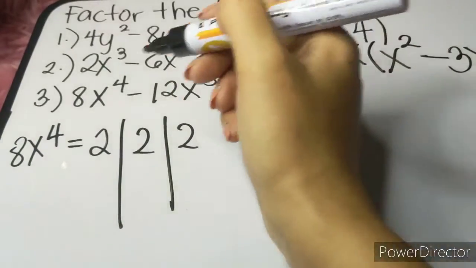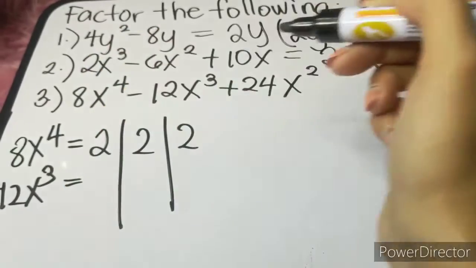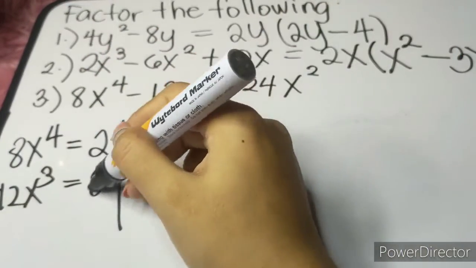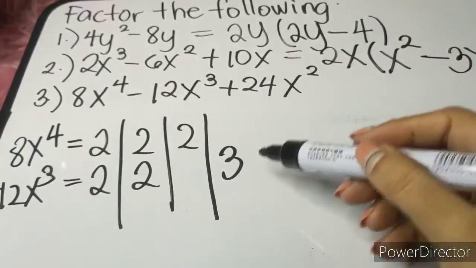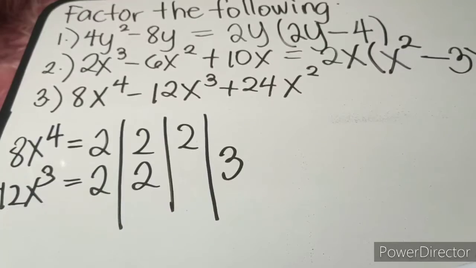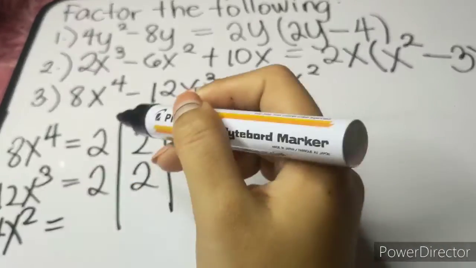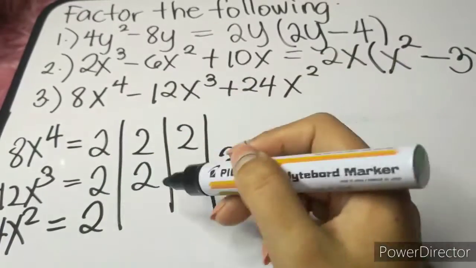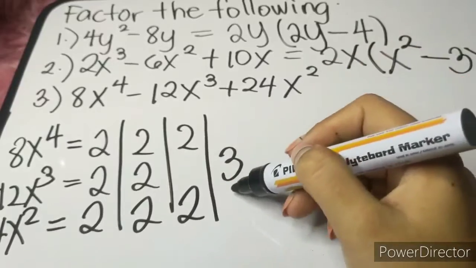Number muna yung i-factor ko. And then, yung negative 12x cube ay could be factored as 2 times 2 times 3. Again, hindi ko sinulat yung 3 dito kasi hindi niya kapareho yung nasa taas. And then, yung 24x squared could be factored as 2 times 2 times 2 times 3.